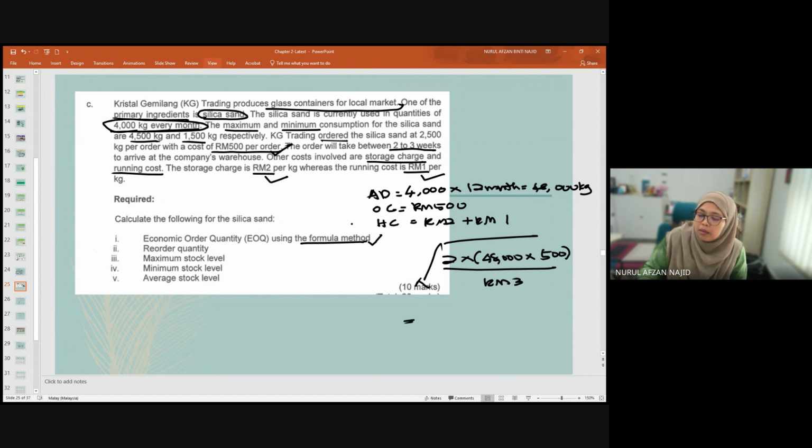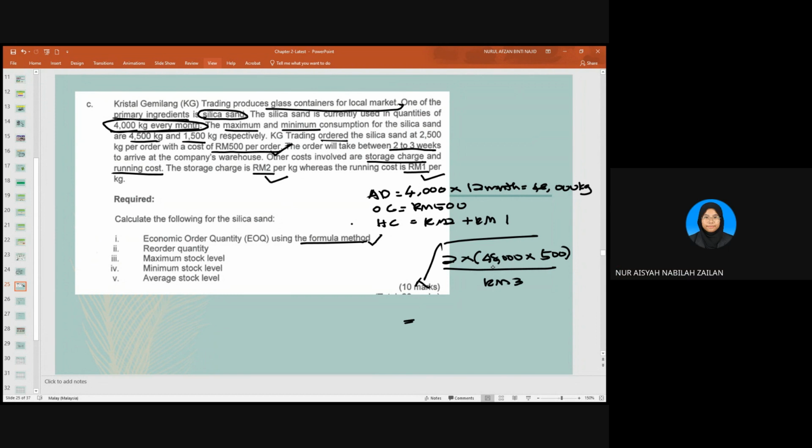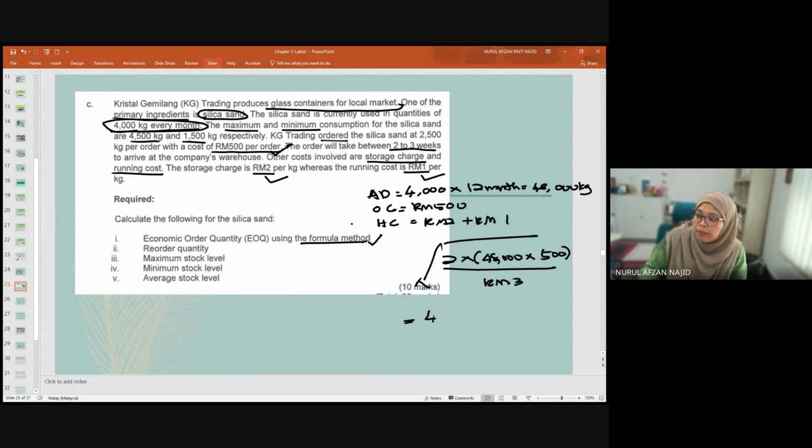So dapat tak? Dapat berapa? Cuba kira. 48,000 darab 500. Ha? 4,000. Good. 4,000 kg. Ini madam kata measurement tu kena letak. Jangan letak 4,000 je. Salah. You kena letak 4,000 kg, sebab dia tanya dalam bentuk kg ni. Bukan RM4,000. No. 4,000 kilogram.